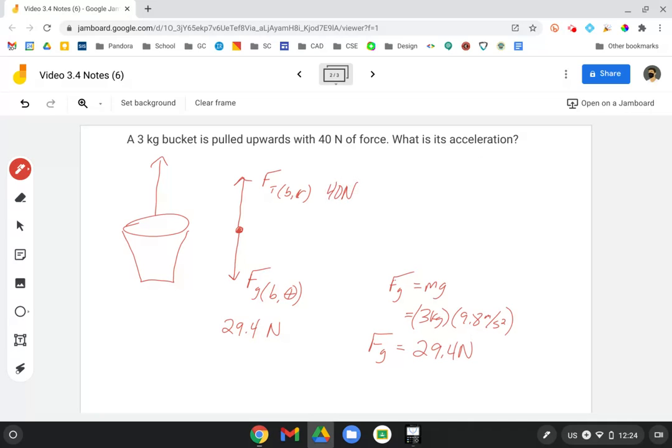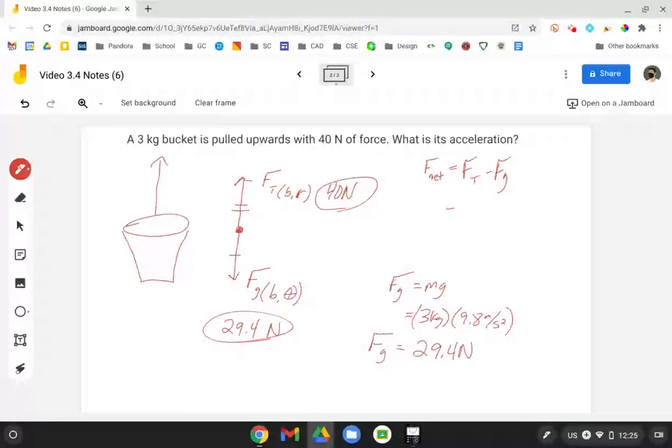Based on these two numbers, we can see that the tension force is stronger than the gravitational force. I'll add those congruency marks to show that the tension force is stronger. What we need to figure out is how much stronger the tension force is, because that's equal to the net force. So I can write down that the net force is equal to the difference between the tension and the gravitational force.